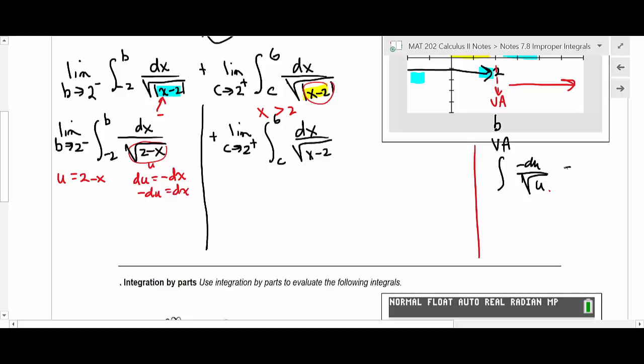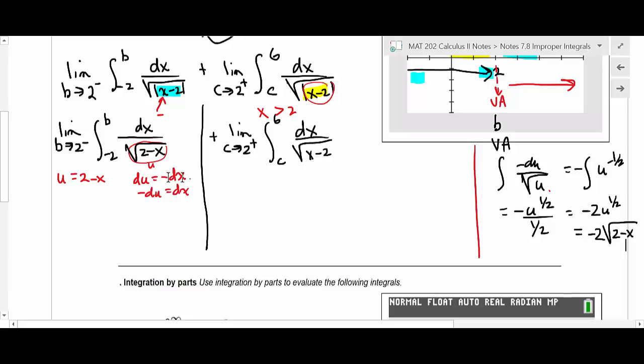So that would really be negative integral of u to the negative 1/2. So that is negative u to the 1/2 over a half. So that's negative 2 u to the 1/2. And then I'm just going to plug this back in. So u is 2 minus x. Okay? Now you can do simple scratch work if you want to.